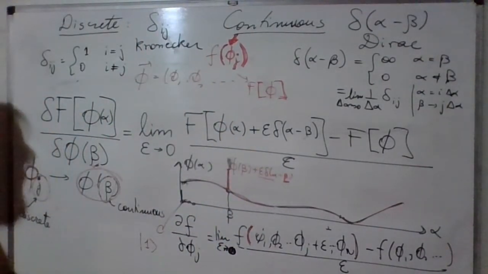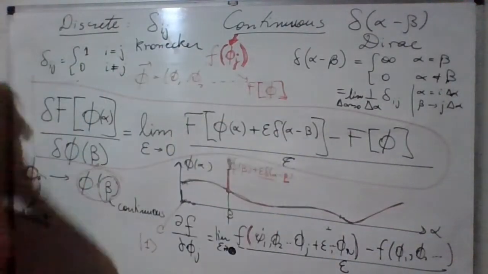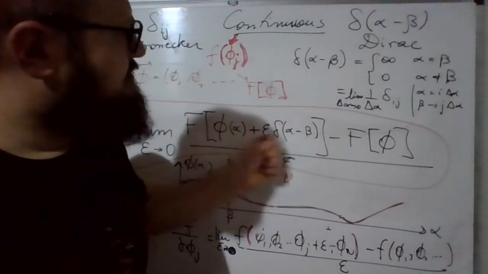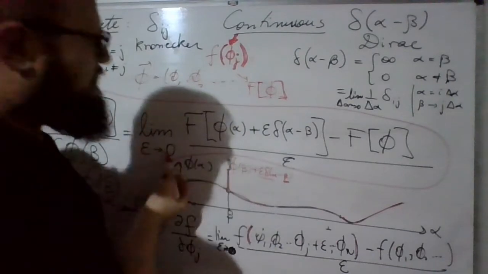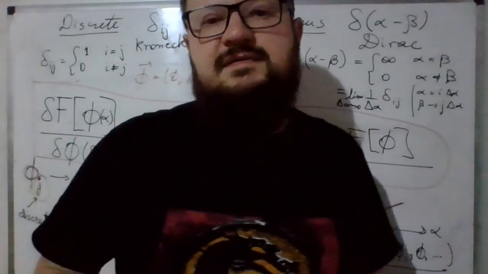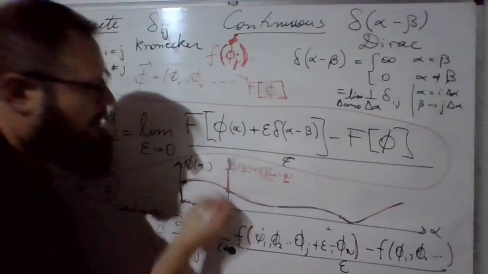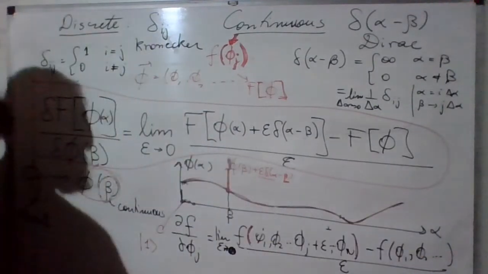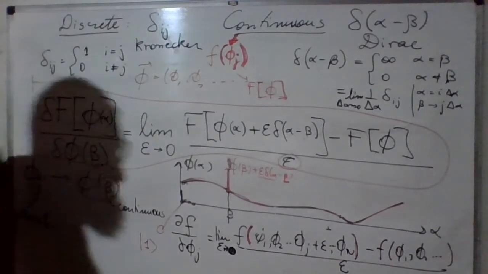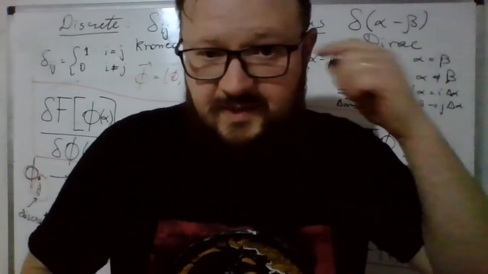So this is a functional derivative, which has nearly the same form, but now you replace the Kronecker delta here by a Dirac delta, but the epsilon going to 0 is the same, and you need to take the functional calculated at a small variation minus the original functional divided by this epsilon, which is an infinitesimal, and you need to take the limit at the end.